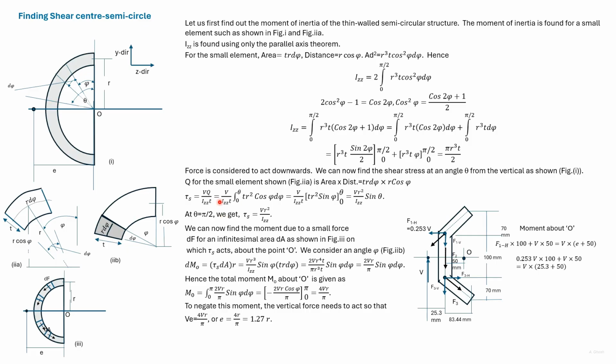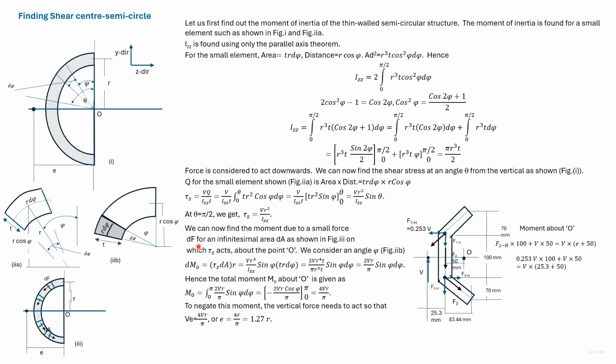So to find Q, we integrate from 0 to theta. Integrating and substituting the limits, we get this expression. So at theta equal to pi by 2, this is the expression. We have just found the tau s acting.